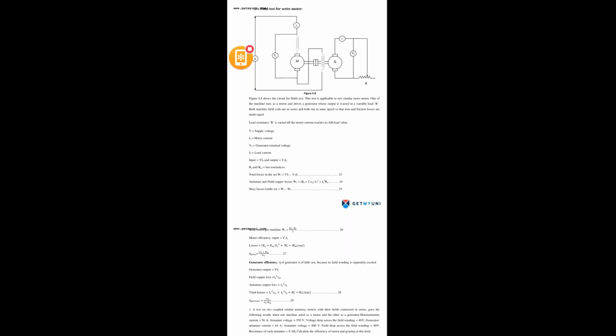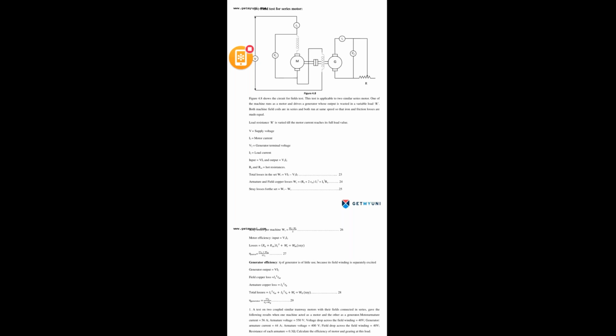Dividing by 2 gives separate values for the motor and the generator. So Ws equals (Wt minus Wc) divided by 2. This is the loss obtained for each individual machine, one for the motor and another for the generator. Now the losses of the motor we can write as (Ra plus Rsc) I1 square plus Ws.